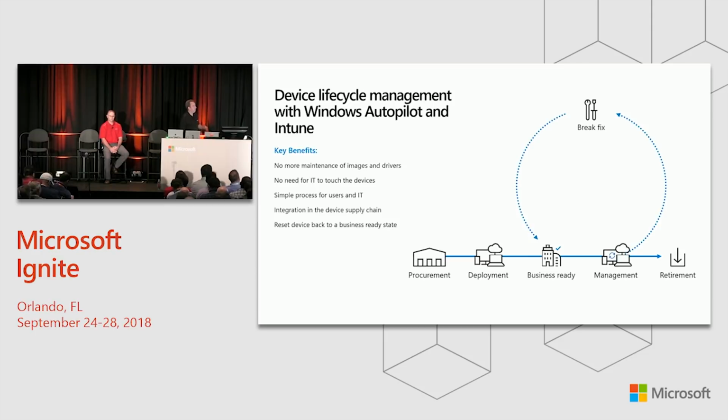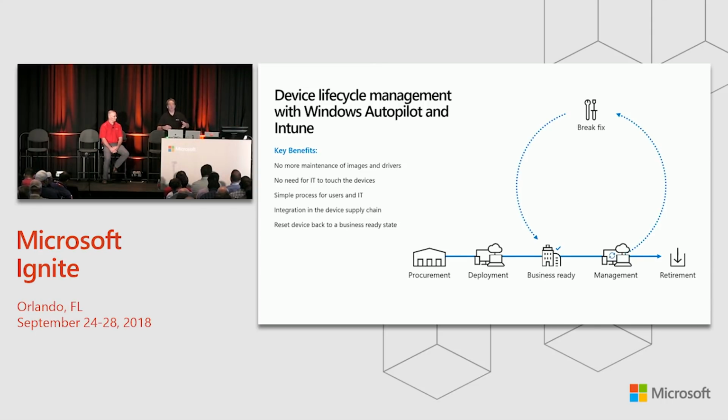There are plenty of benefits that we can get out of changing this process. We already talked about images and drivers. That's the obvious one. We don't necessarily even need those anymore. IT doesn't have to touch the device. The process can be simple enough that the end user can do it themselves. That's really the promise.